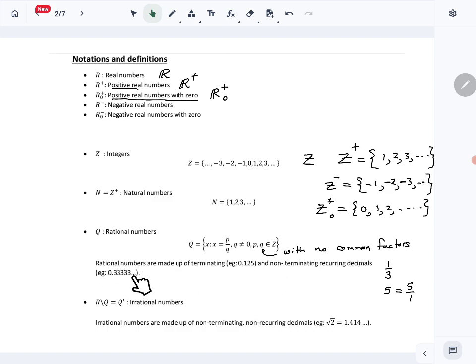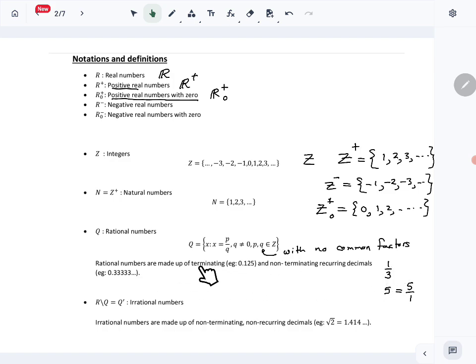Now, this is also important. This is an easy way to remember what type of numbers are rational numbers. So rational numbers are made up of terminating or non-terminating recurring decimals. So 1/3 is non-terminating, 0.33333. So that's a rational number.